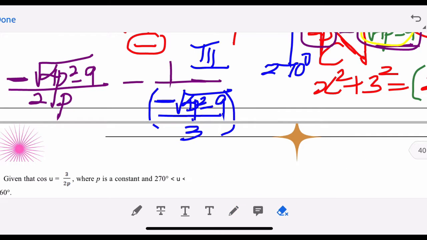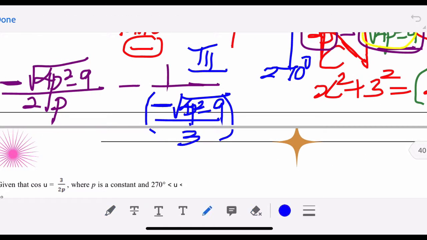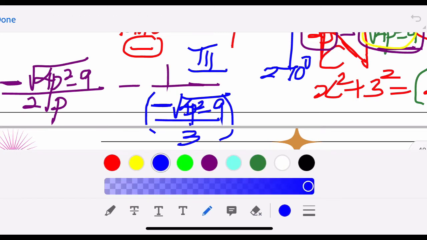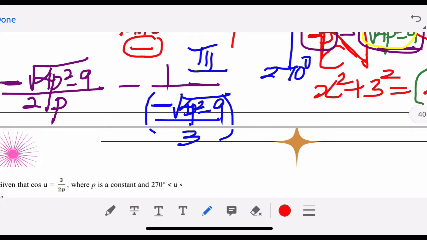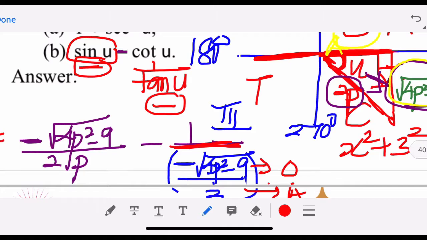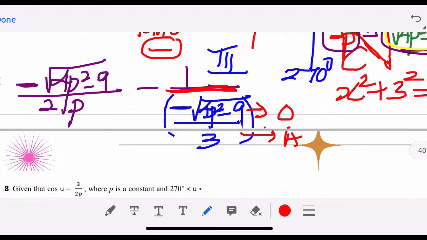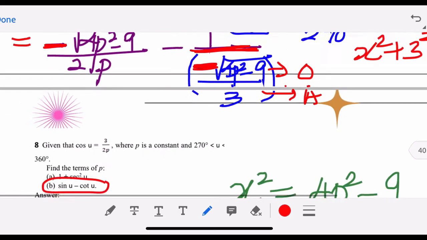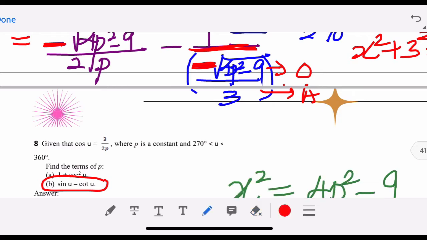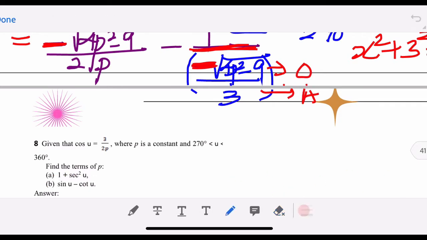Let me highlight to you: this one is the opposite, and this is the adjacent. It was 1 over because of the cotangent, and it is negative because it is in the 4th quadrant for tangent and sine. So that's why you need to have a negative. Many of the students will forget this.